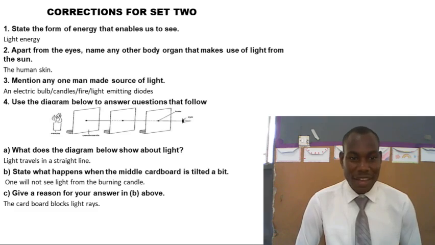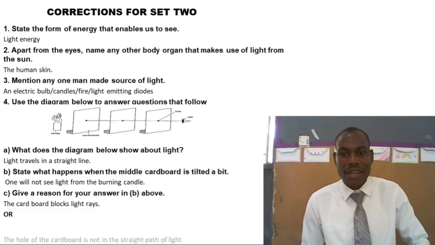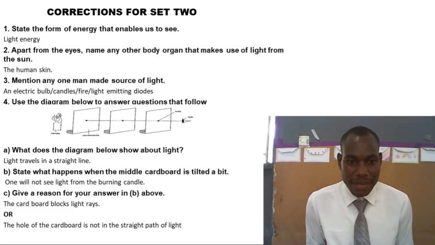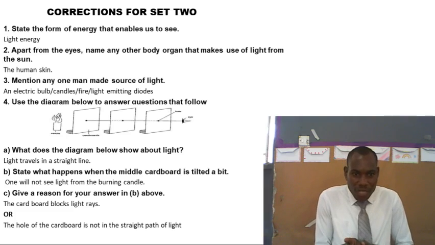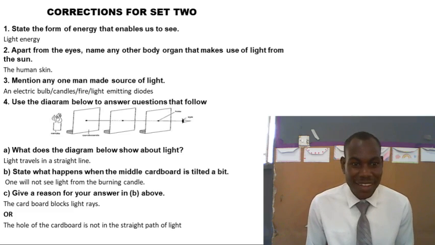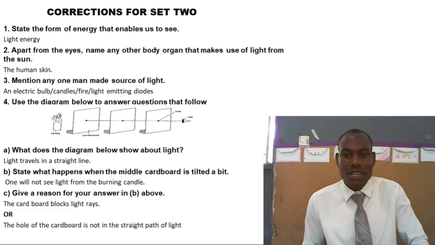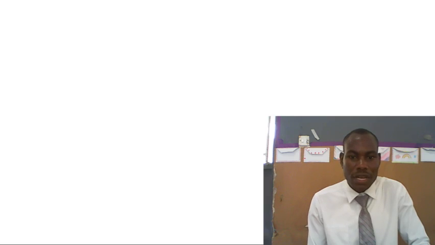We can say the cardboard blocks light rays, or we can say that the hole of the cardboard is not in the straight path of light. That means the hole is not exactly in a straight path where light is passing. Are we together, dear candidates? So the answers we give are: the cardboard blocks light rays, and the hole of the cardboard is not in a straight path of light.